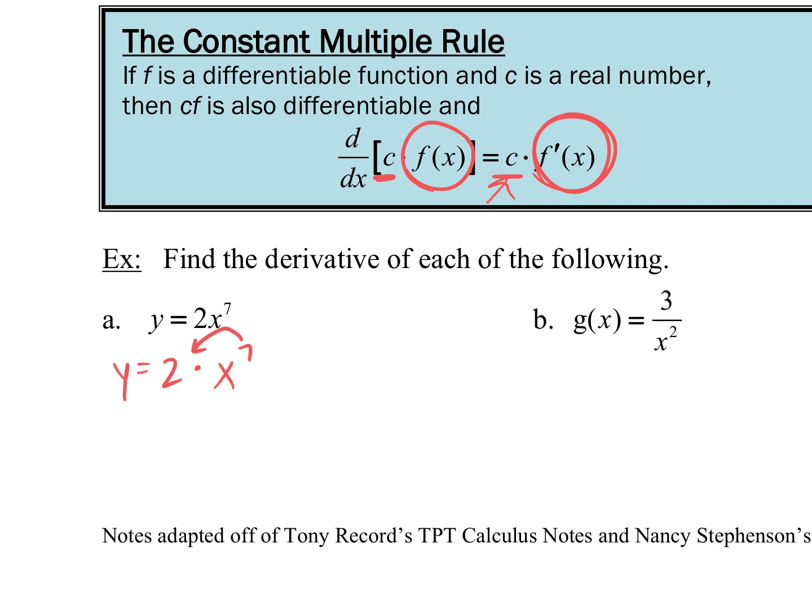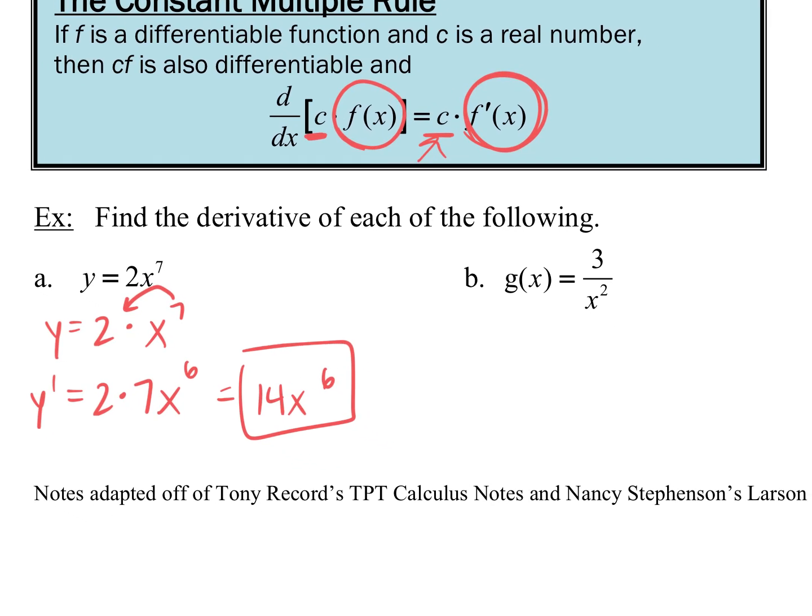Multiply them together. So y prime is 2 times 7, x to the 7 minus 1 power, or 6th power, right? So this becomes 14 x to the 6th. Okay.